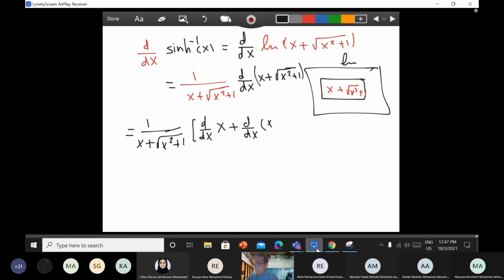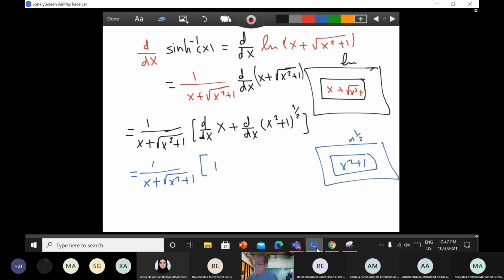It is better to write this one as x squared plus 1 to the power half. Here you have 1 plus, what is the derivative? This is also an implicit derivative, the power half here. And inside you have x squared plus 1. So you get the power down.